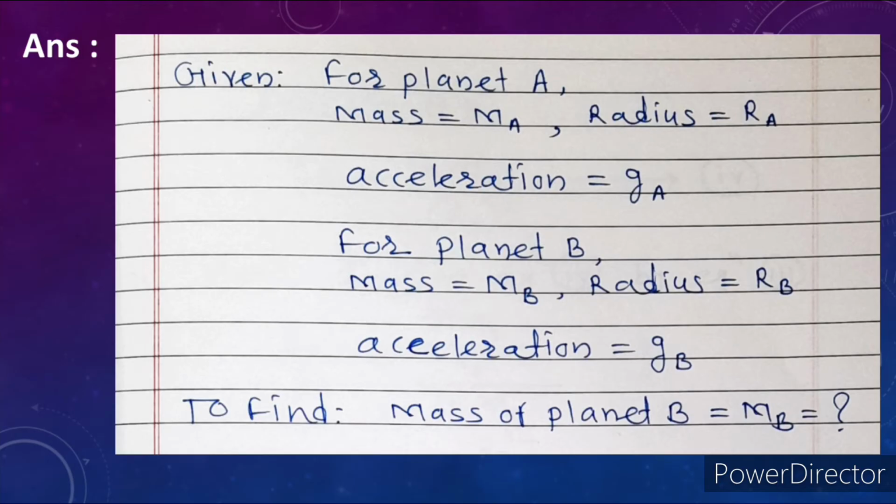Answer. Given for planet A, mass is equal to Ma, radius is equal to Ra, acceleration is equal to Ga. For planet B, mass is equal to Mb, radius is equal to Rb, acceleration is equal to Gb. To find mass of planet B, that is Mb.